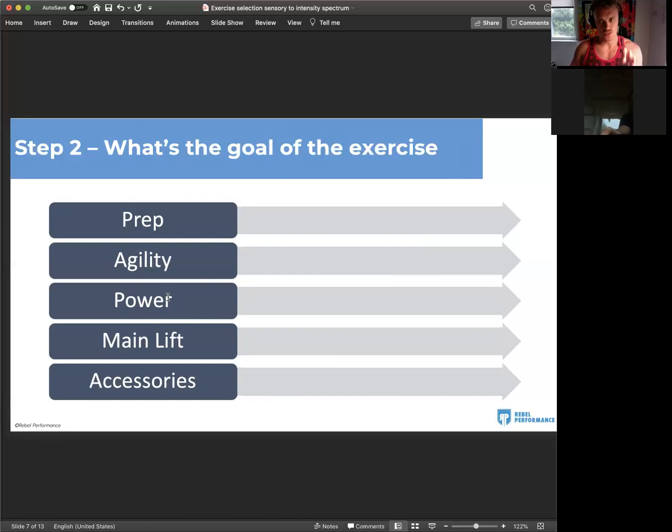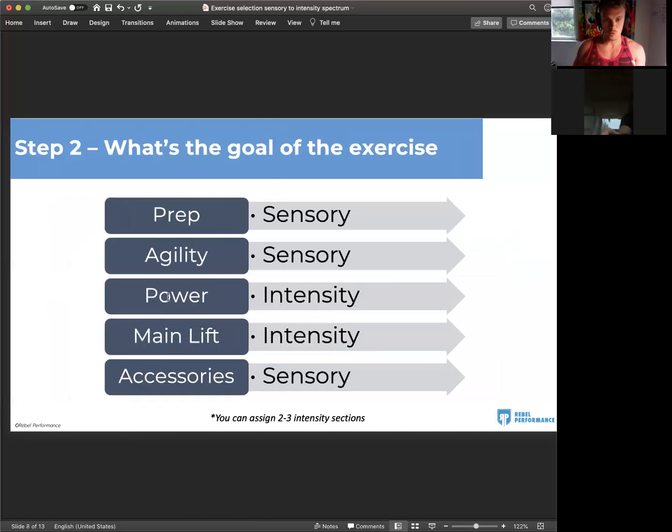Do I want it to be more sensory biased? So here's an example of what that could look like. This is probably my favorite way of laying it out on average. Prep is always sensory. It can't not be sensory. It's prep. So you're really deciding between agility, power, main lift, and accessories.